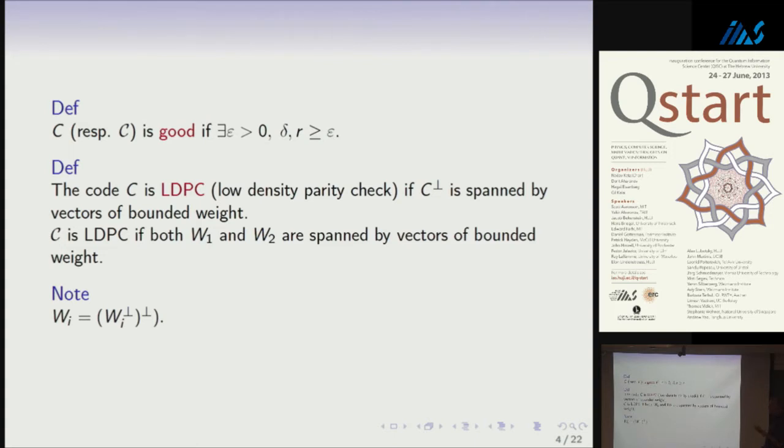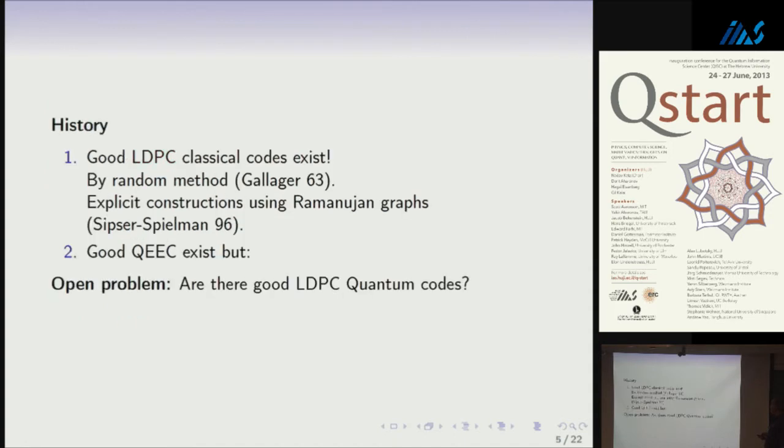And what we want is that the dual, the perp of Wi perp, will be spanned by short vectors. And that's the right notion for quantum error correcting codes. But here comes a first difference, at least in our knowledge, between classical codes and quantum codes.